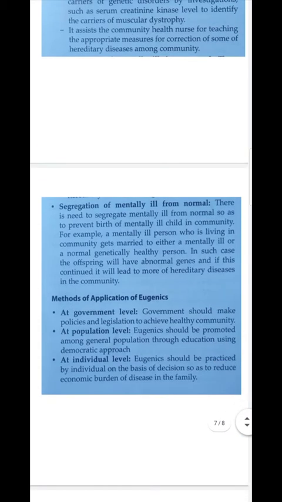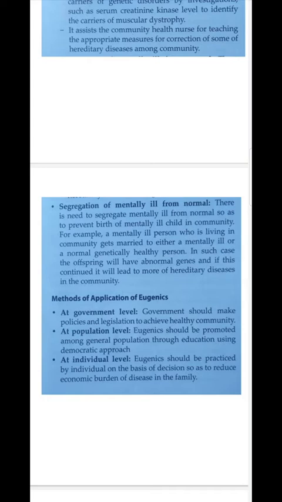So the last method is segregation of the mentally ill from the normal. There is a need to segregate the mentally ill from the normal so as to prevent birth of mentally ill children in the community. For example, a mentally ill person living in the community gets married to either a mentally ill or a normal, genetically healthy person.